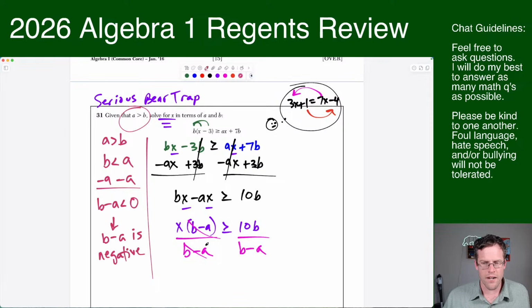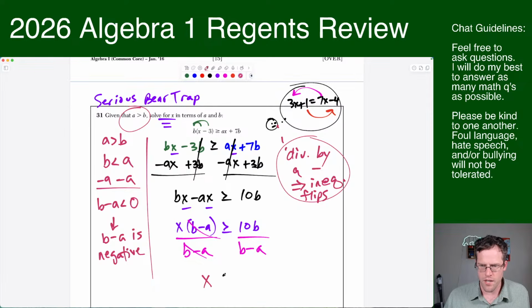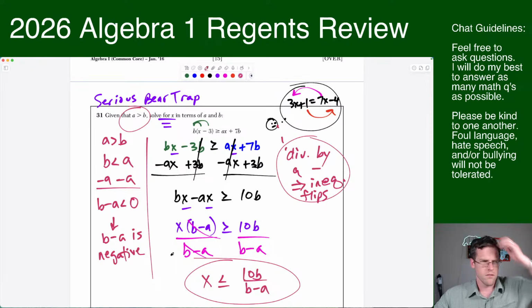And if you divide by a negative, this means the inequality flips. It's going to flip. And we're going to say x is less than or equal to 10b over b minus a. All right, evil stuff. Very evil stuff. So that's just something I want to point out.